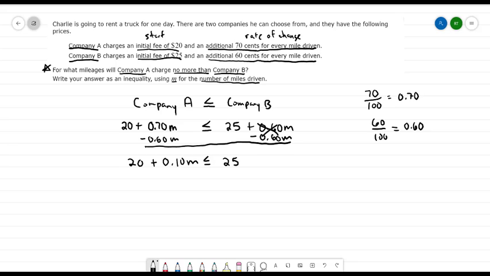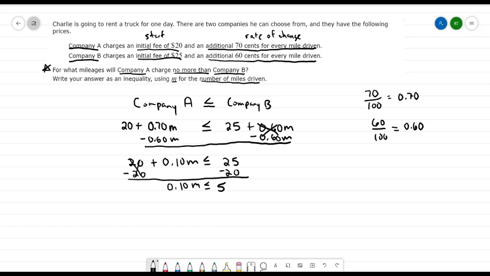Next, we are going to subtract 20 from both sides. This cancels out, and we are left with 10 cents M here. So 0.10 M less than or equal to 5.